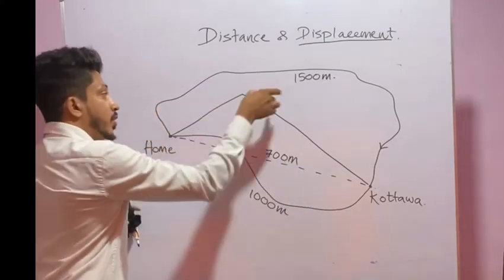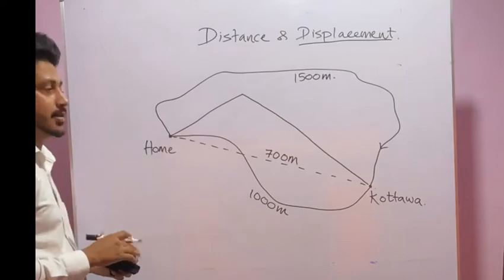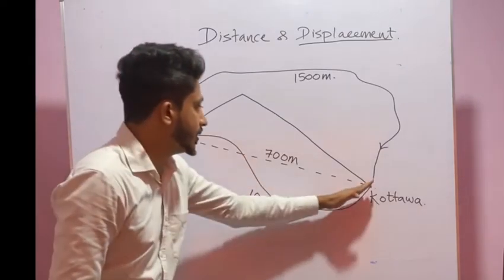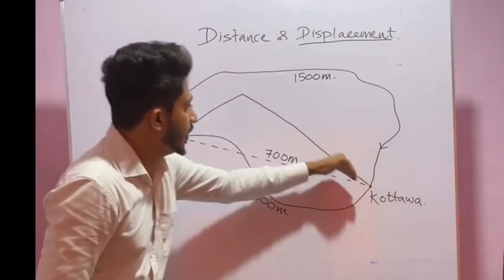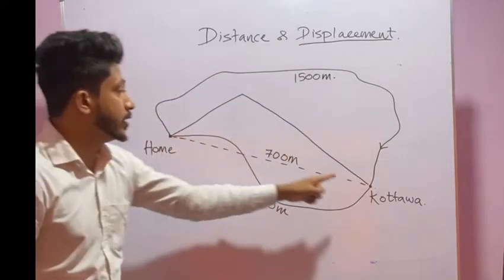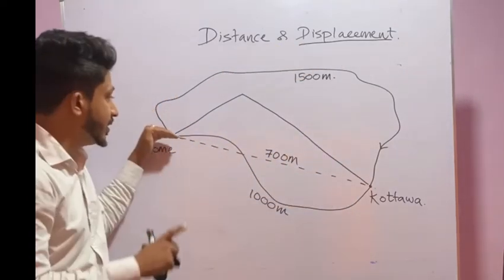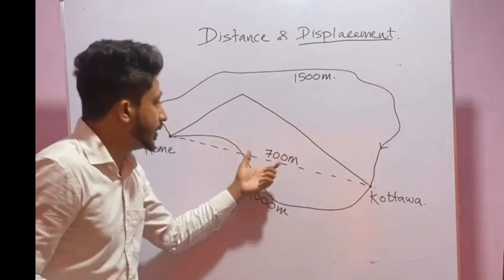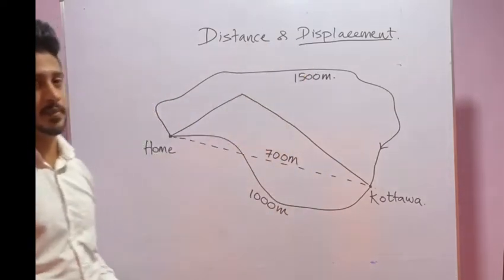This also comes under distance. This is distance, this is distance. If I join these two places with one straight line, that distance is the displacement.